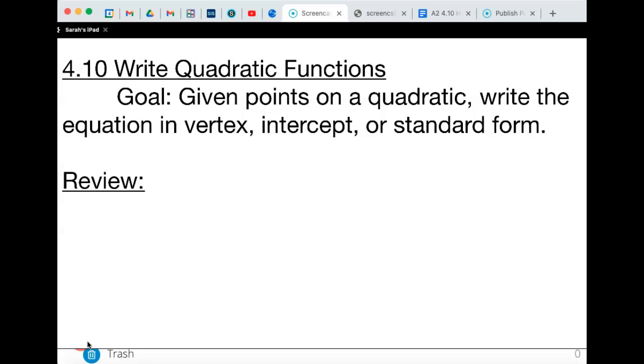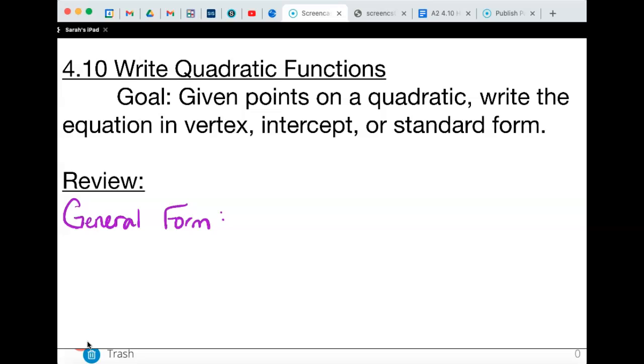Yep. Moving on. So we have 3 different ways we can write the equation of a parabola. What is one of those 3 ways? This is standard, general, and intercept. Yep.